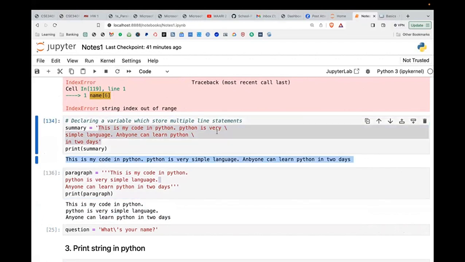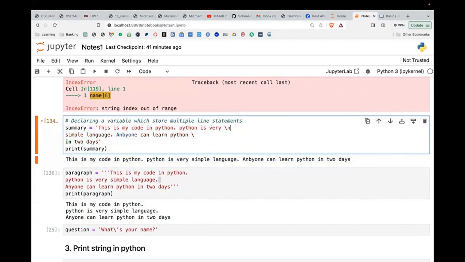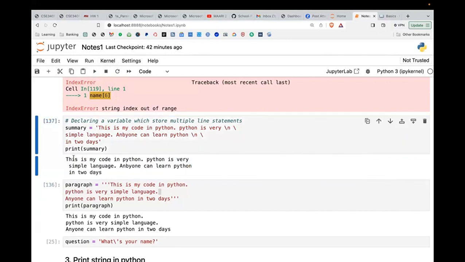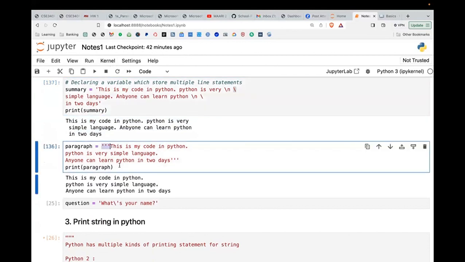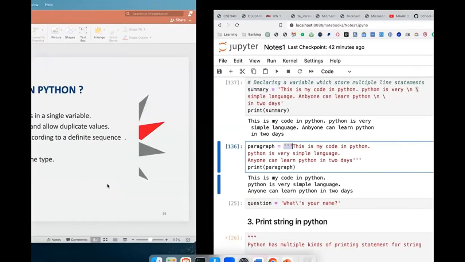If you wanted that, you could have used backslash n, which is the new line character. After this it will generate the new line character, and the backslash tells the compiler that the line is still continued. That way you can use the three quotes to declare multi-line comments and multiple line declarations also.